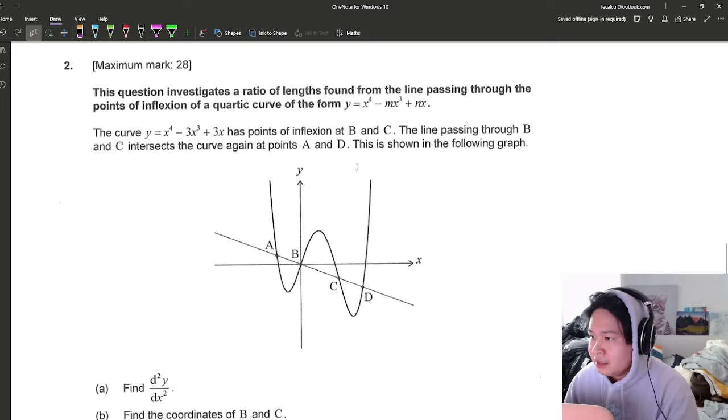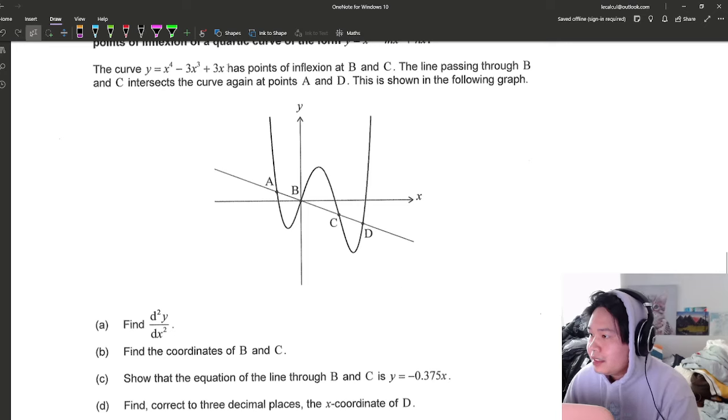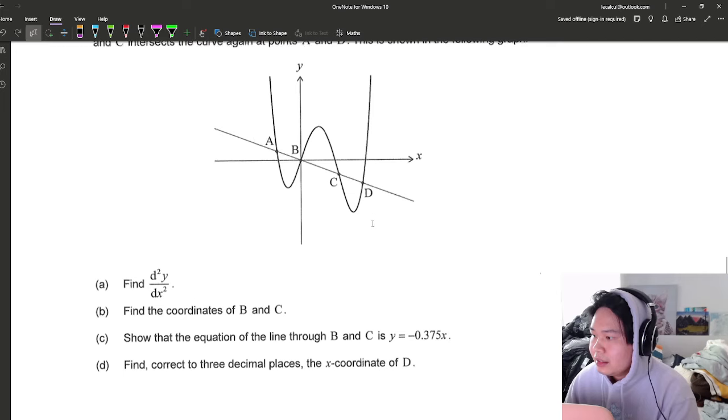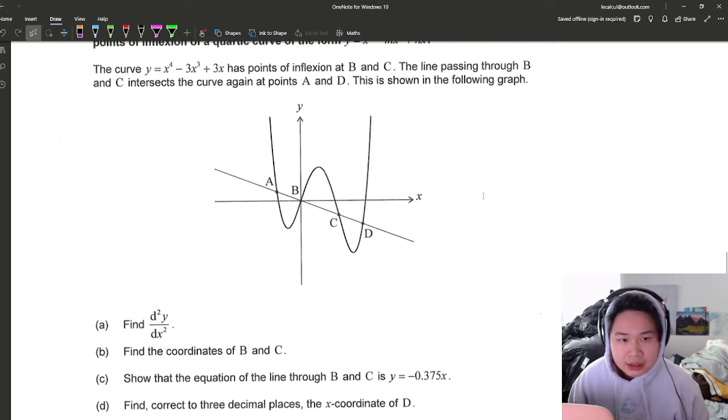Okay, next one. This question investigates the ratio of lengths found from a line passing through the points of inflection of a curve, a quartic curve. Like this, sure. This curve has points of inflection at B and C. The line passing through BC will intersect the curve again at A and D. So then we go through the steps.